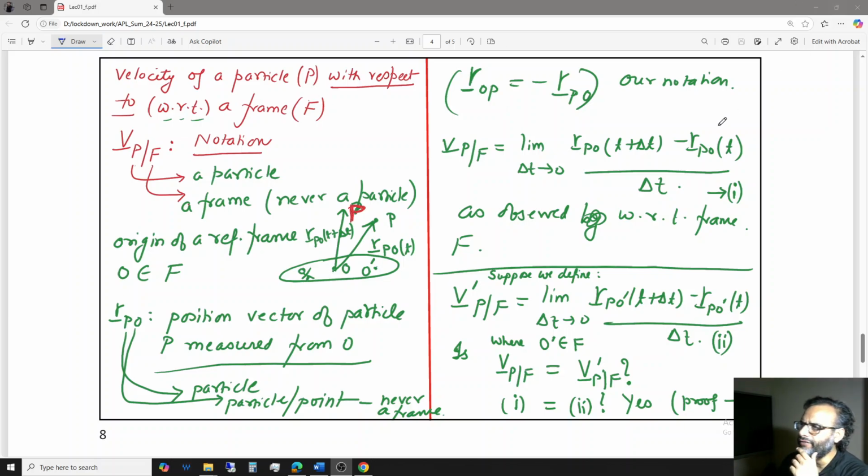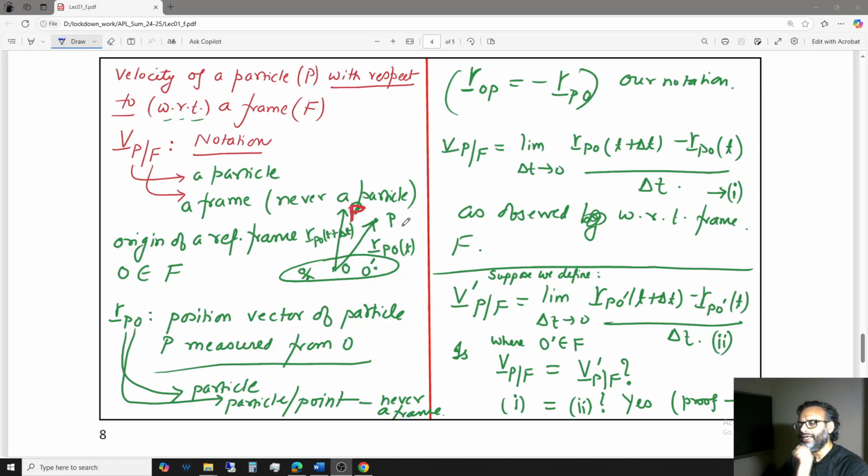Now I define VPF as what I have written here. It is the limiting value of this quantity in the limit delta t going to 0. So in the numerator I have RPO at t plus delta t minus RPO at t.